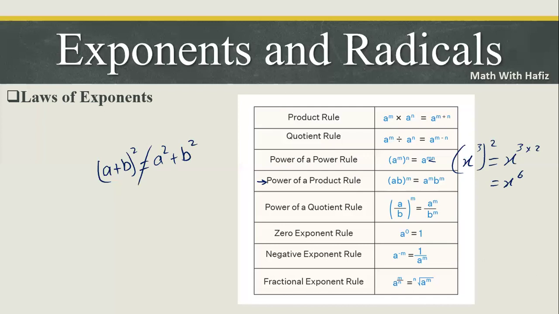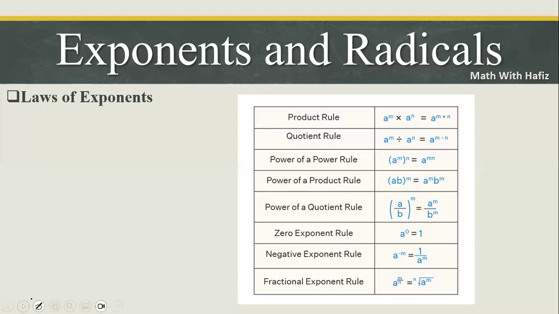This type of rule is only valid when the things are in multiplication or the things are in division. So if there is no plus or minus sign in between them, then you can use this power rule. Otherwise, you cannot use it. So you have to keep these things in mind.